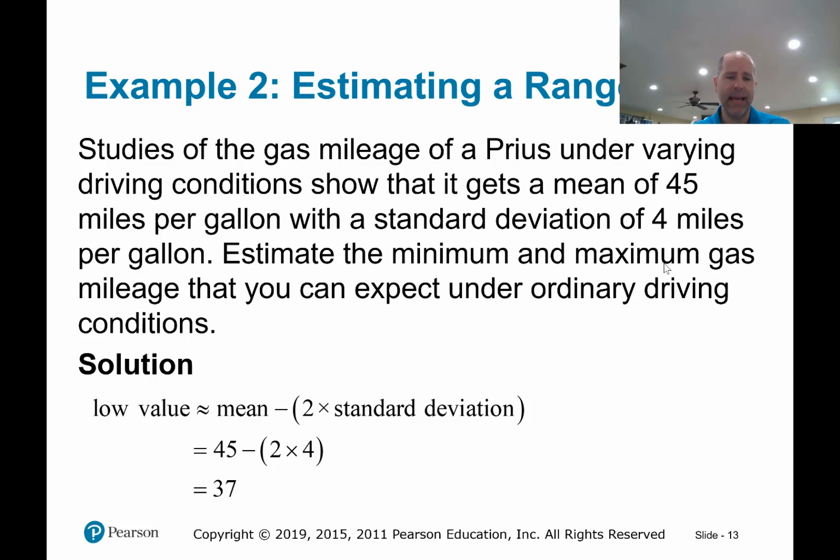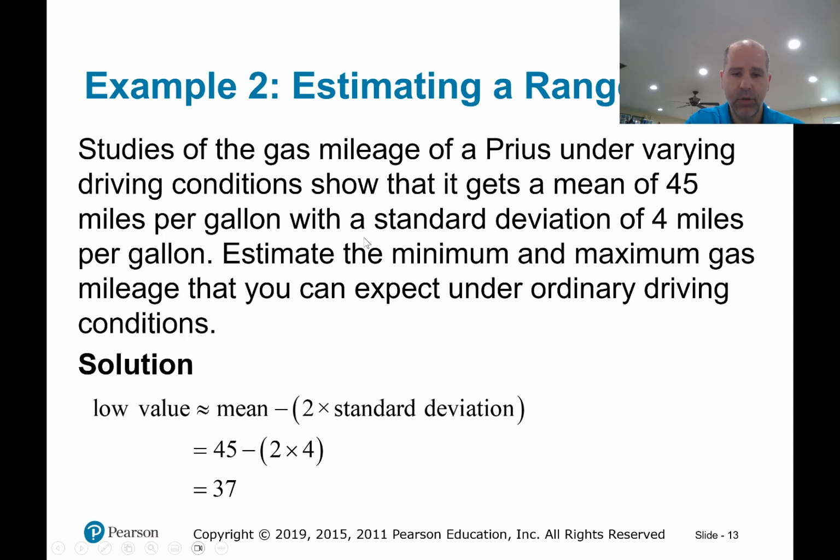We're assuming the vast majority of gas mileage is going to be within 2 standard deviations of the mean. So if we find the low and high values, then we know most of the gas mileage for this particular car is going to be between them.